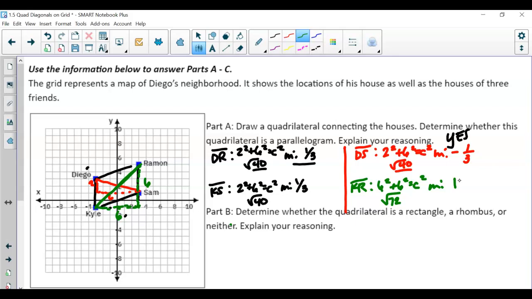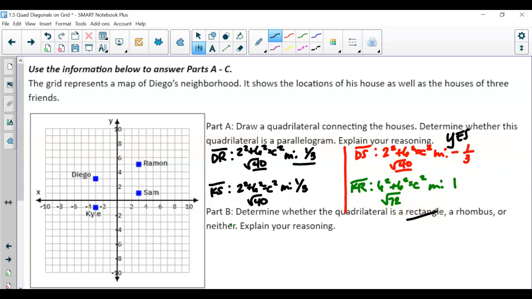Now, using all of this information from the previous to determine if the quadrilateral is a rectangle, a rhombus, or neither. Well, for a rectangle, you have to have congruent diagonals. So do we have congruent diagonals?